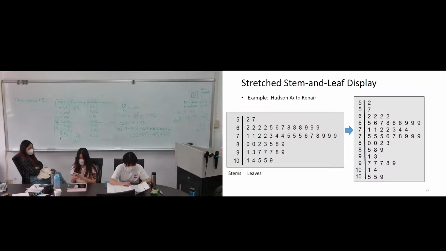In the 90s, we put 1 and 3 in the category from 90 to 94, and 7, 7, 7, 8, 9 in the category from 95 to 99. From 100 to 104, we put 1 and 4. From 105 to 109, we put 5, 5, and 9.